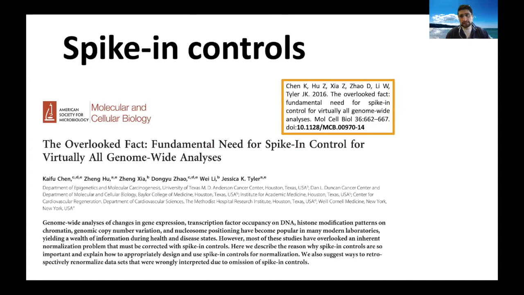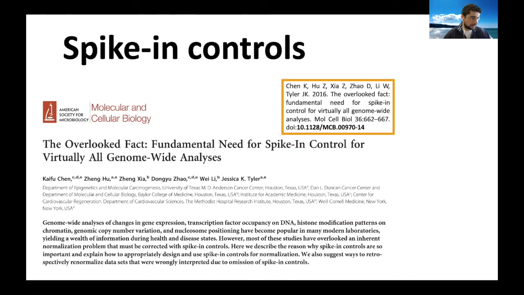So spike-ins. The main assumption whenever you're analyzing quantitative data, like for example ChIP-seq or RNA sequencing, is that the total amount of transcripts, let's take RNA-seq as an example, that you have in each cell is exactly the same, okay?